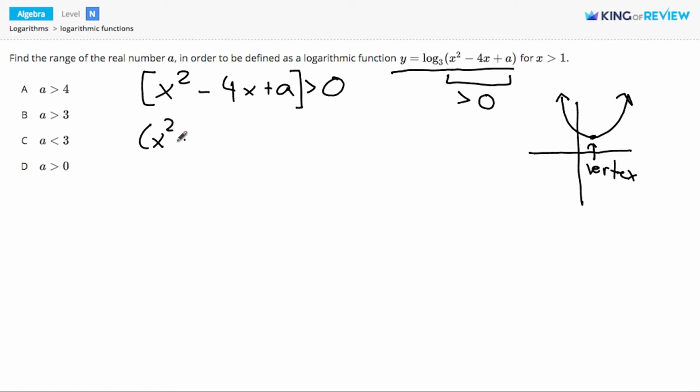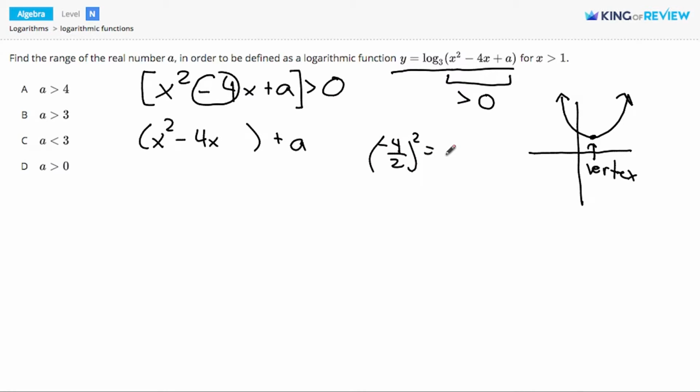I'm going to start by rewriting the problem. We have x squared minus 4x plus a, but I'm going to put x squared minus 4x in parentheses, leave the a outside the parentheses, and leave some space here. In that space, we're going to take negative 4, the coefficient of the x term. We're going to divide it by 2 and then square it.